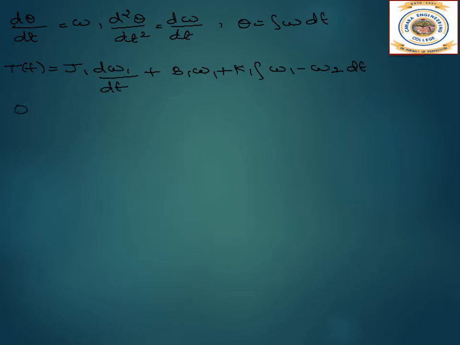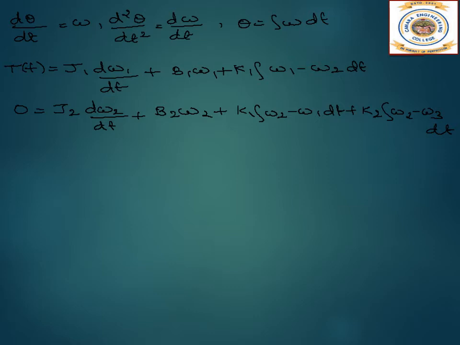Equation 2. 0 equal to J2 d omega 2 by dt plus B2 omega 2 plus K1 integral omega 2 minus omega 1 dt plus we have K2 integral omega 2 minus omega 3 dt.